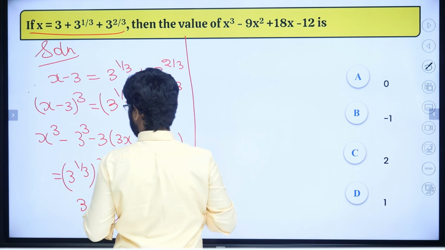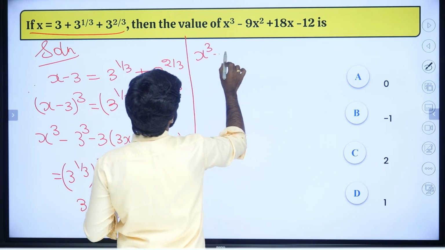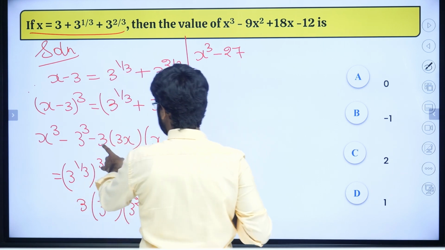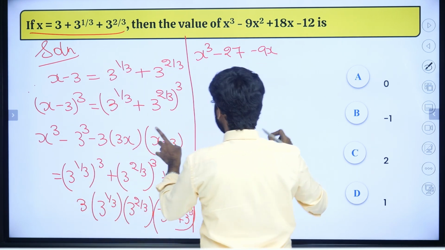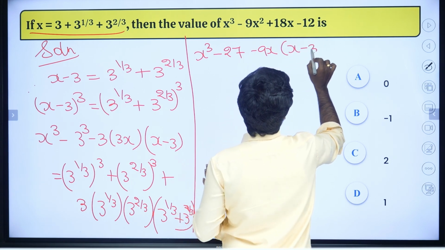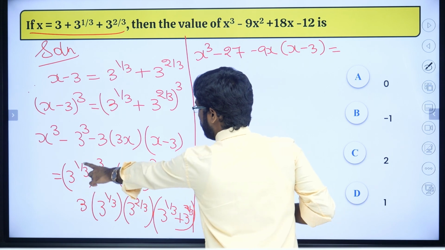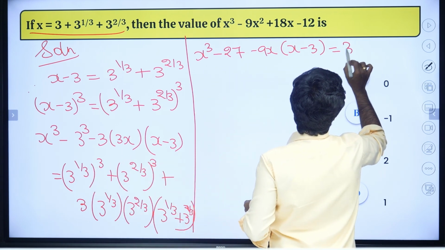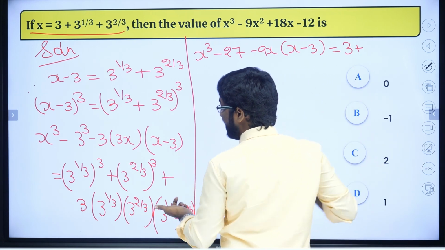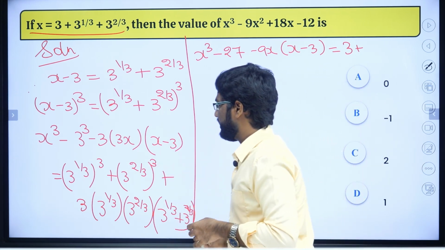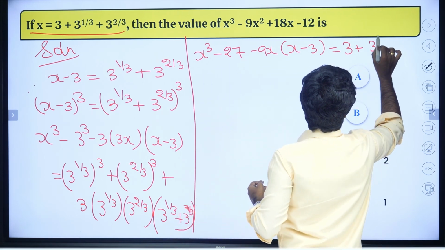Now we have to compare, my dear students. x cube minus 27 minus 9x, my dear students, into x minus 3. Then this is equal to 3 power 1 by 3 into 3, my dear students, plus here also it will be 3 square, my dear students. 3 power 2 by 3 is there. 3 will be cancelled, so that I get 3 square.